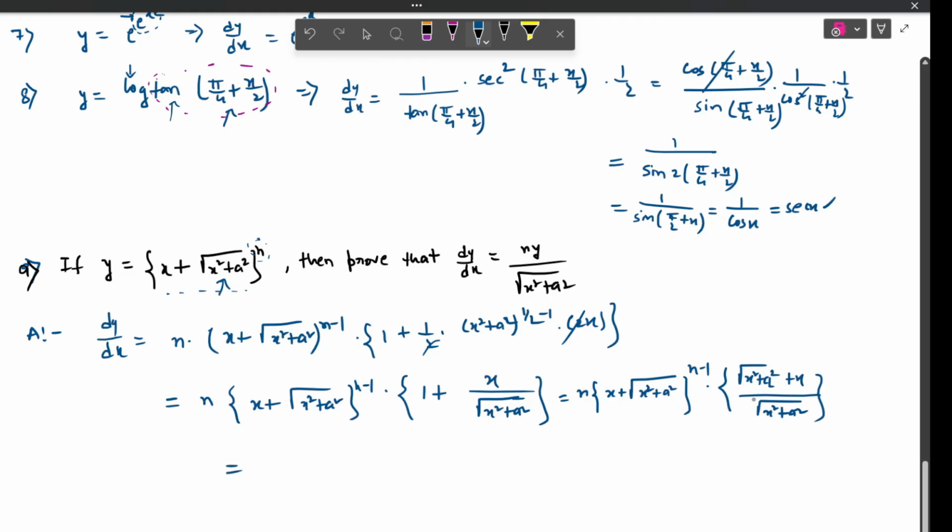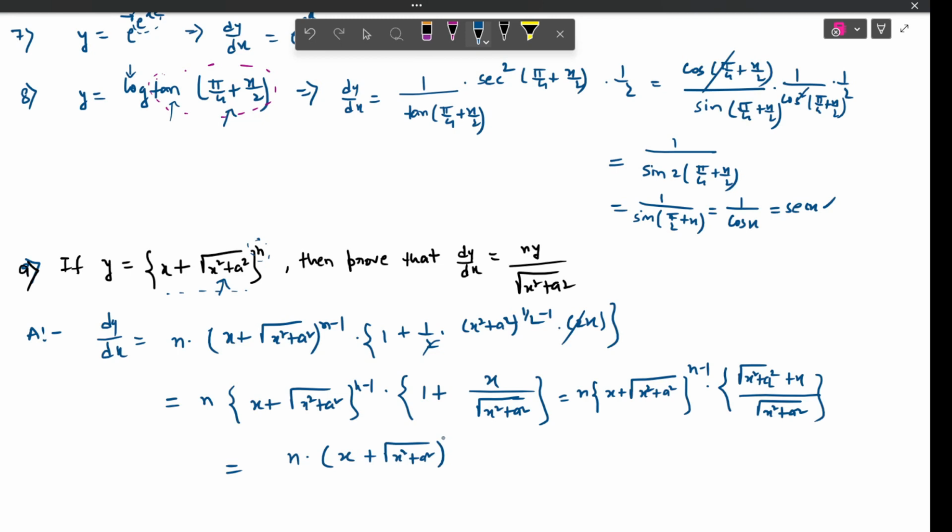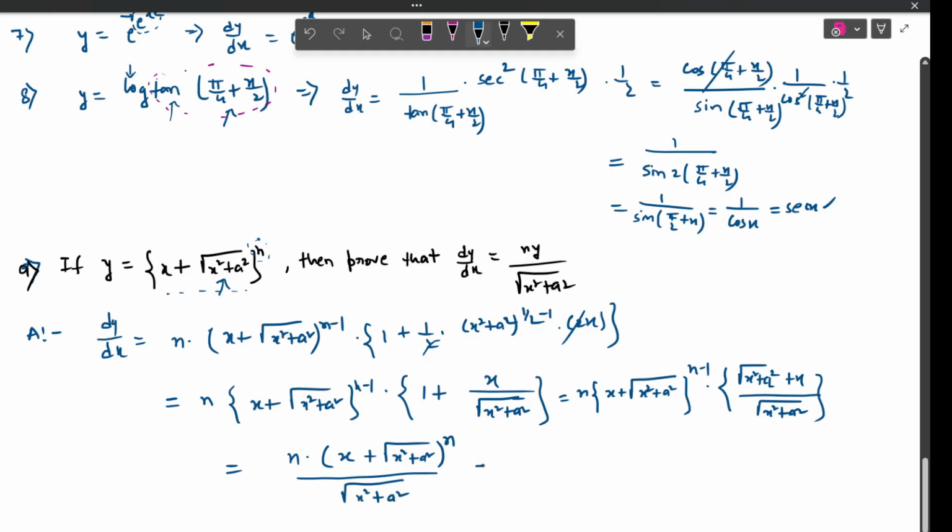Now this is power 1 and this is n minus 1. So if you add, this will be n. So it would be n into x plus root under of x square plus a square whole to the power n by root under of x square plus a square.